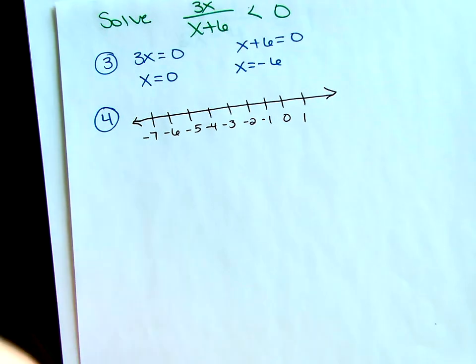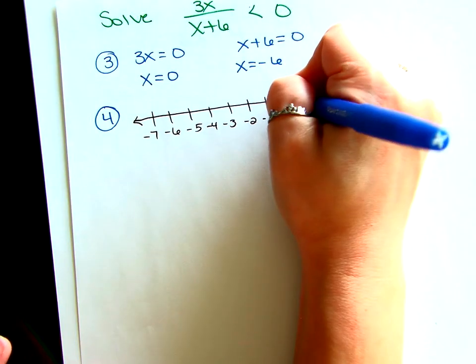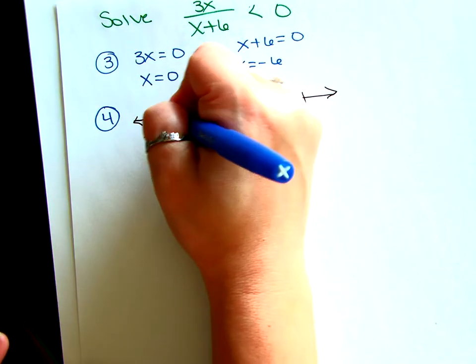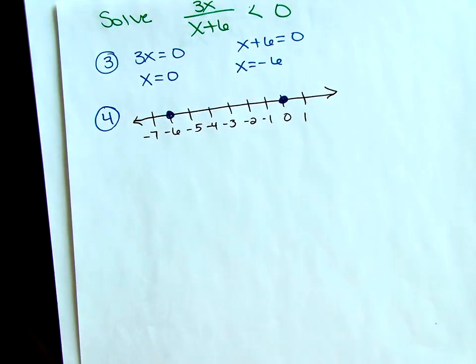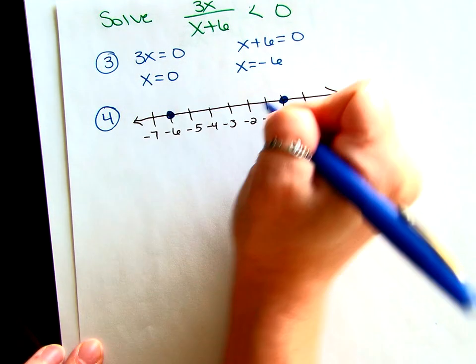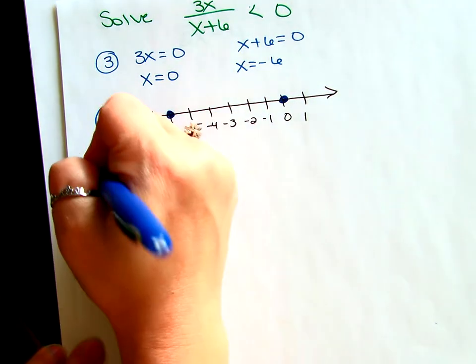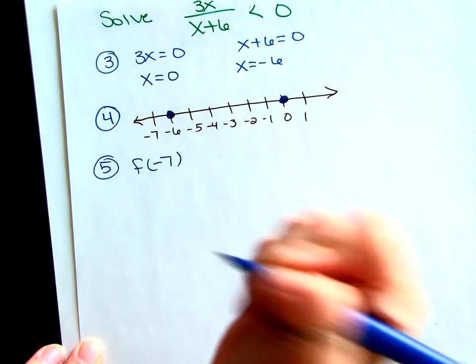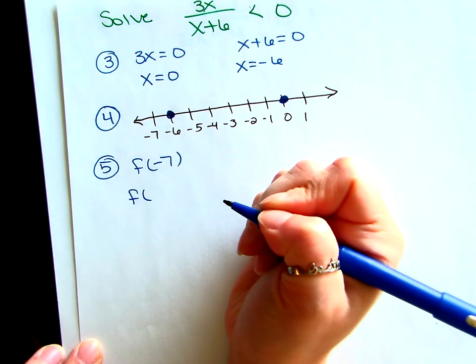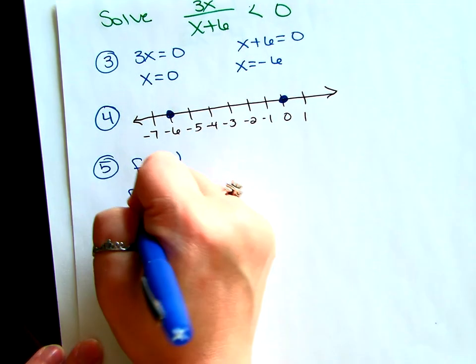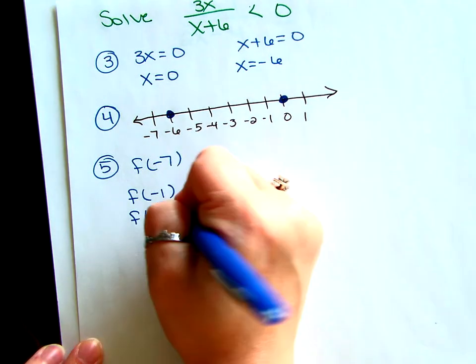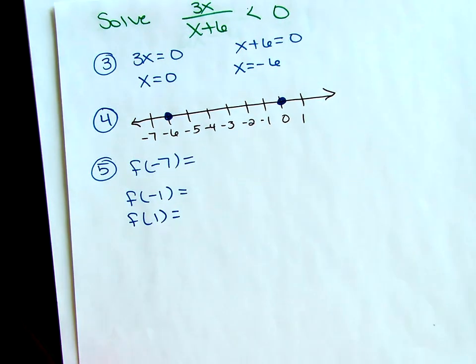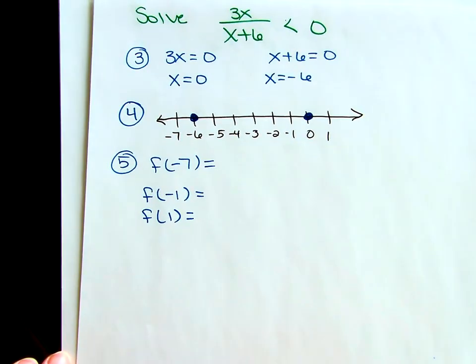Plot my boundary points at 0 and negative 6. So I'm going to have 3 test points then, because I have 3 sections. So I'm going to find f of negative 7, f of negative 1, f of positive 1. Again, you could pick totally different numbers as long as they lie in those intervals. There's nothing wrong with it.